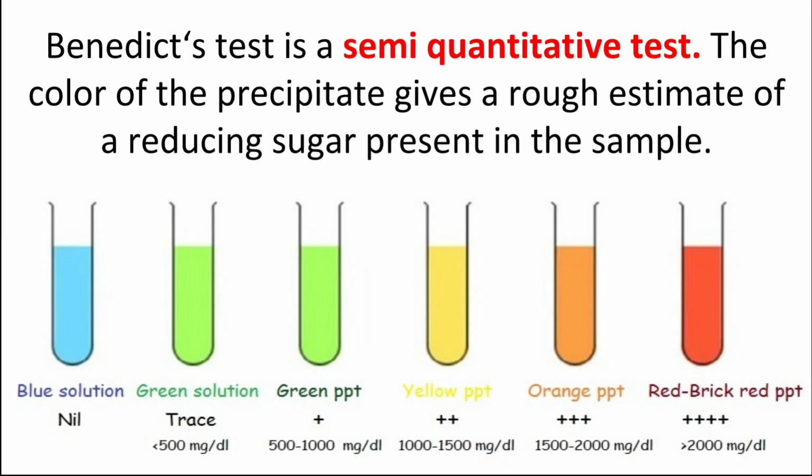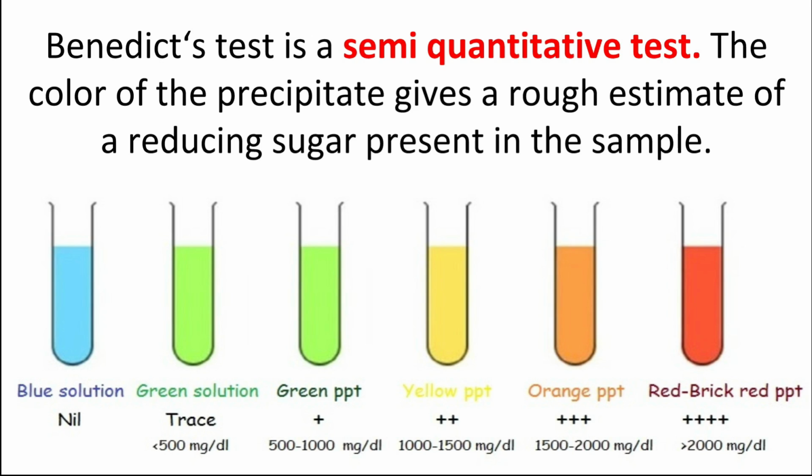Green solution means trace, less than 500 mg per deciliter. Accordingly, you can see green, yellow, orange or red brick color precipitates. Depending on the concentration, you can find out the approximate value of the sugar present in the solution.